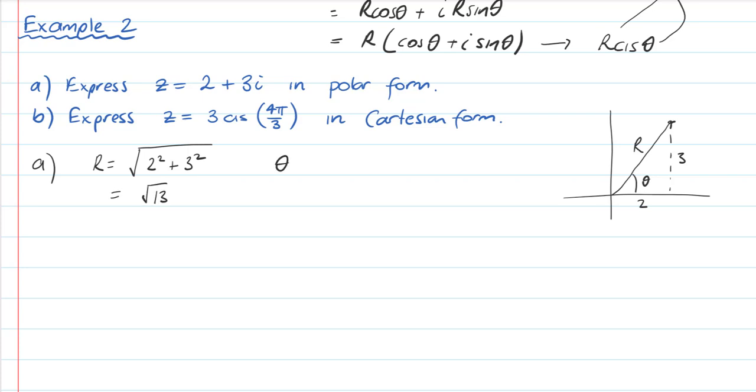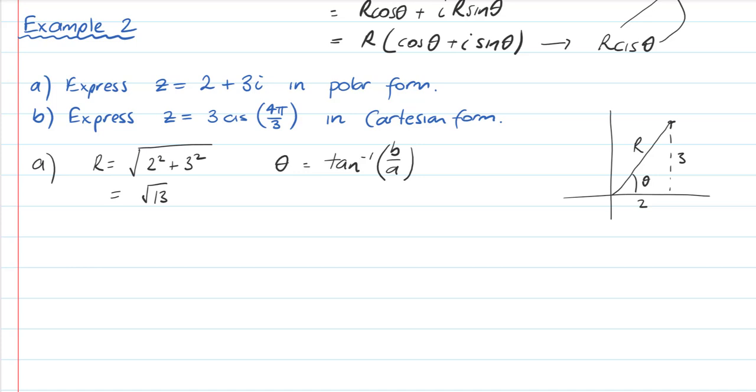And then I'm going to calculate my argument. Theta is tan inverse of b over a, and being quadrant aware tells me that tan inverse of b over a is in the first quadrant, so it'll be the first answer I get out of my calculator. I'll need to quickly do this on the calculator.